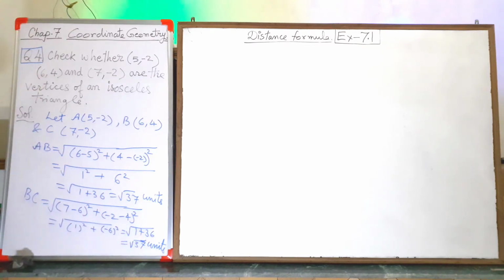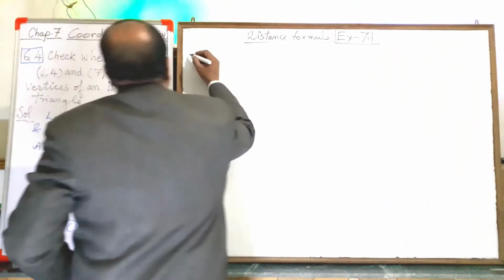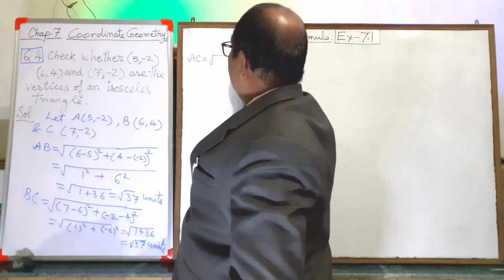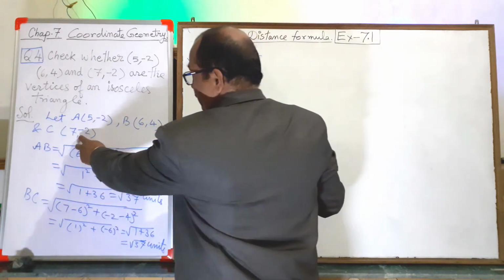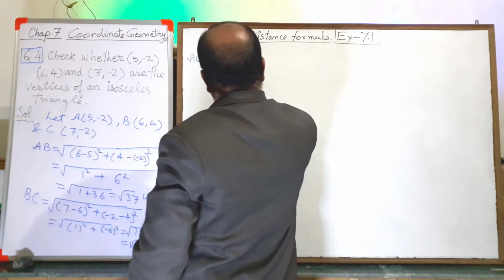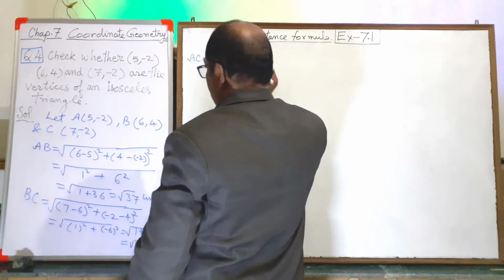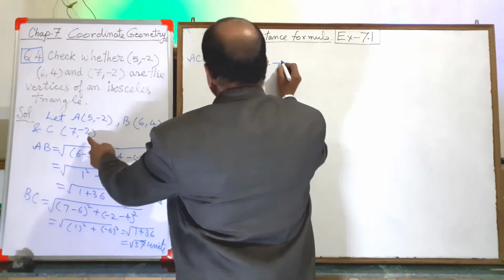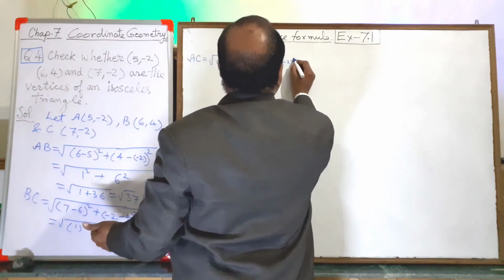One more side is now left, AC. You can calculate the side AC: under root (7 - 5) whole square plus (-2 - (-2)) whole square.